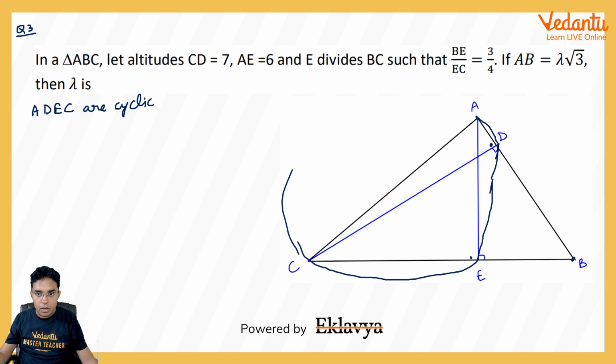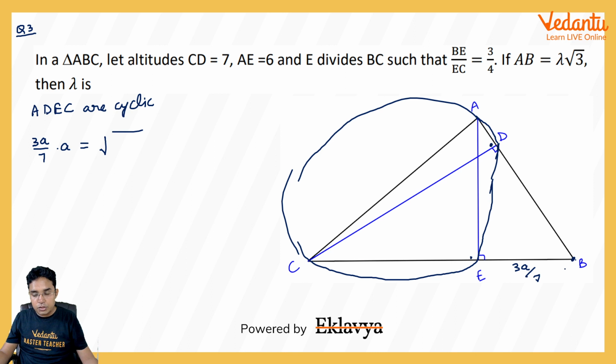So using the property of secants, length BE, which was 3A by 7, into complete BC, which is A, that is the power of B or secant theorem, will be equal to BD into BA. BD we are not aware of, but we can use Pythagoras theorem for BD, which will be root of A square minus CD square, that is 49, and into this will be BA, the complete length, which is C. So that is one equation.